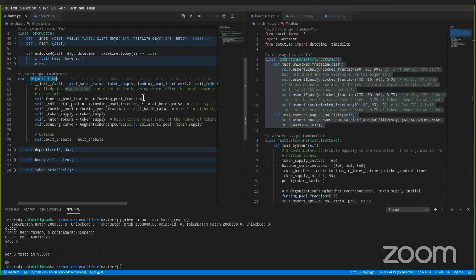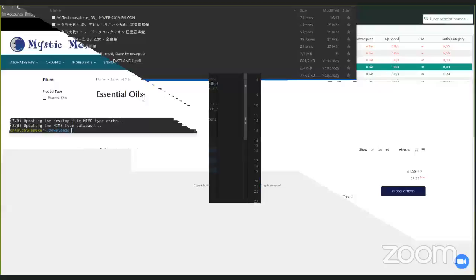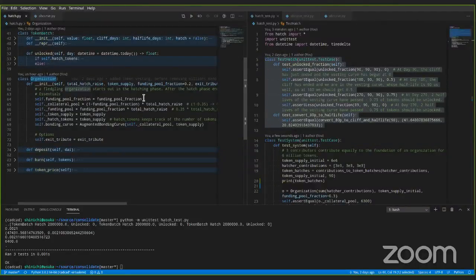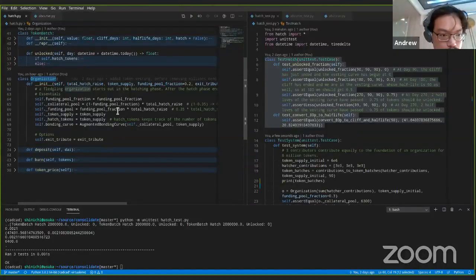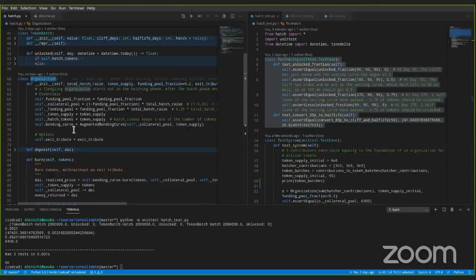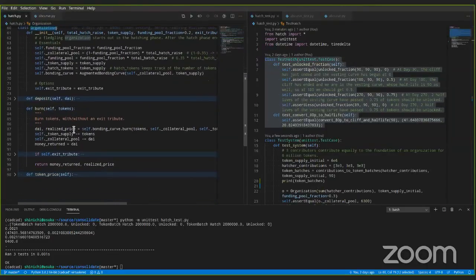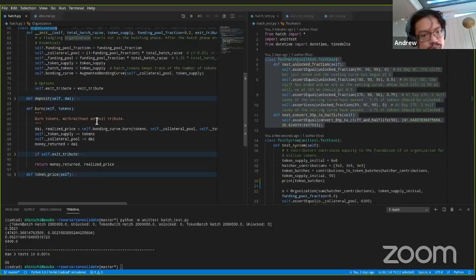Okay, and the organization already prevents people from burning tokens if they cannot burn them, right? Oh, what? The hatch is already working when they try to burn a token, because the thing is to sell it. The burn function here takes an integer.